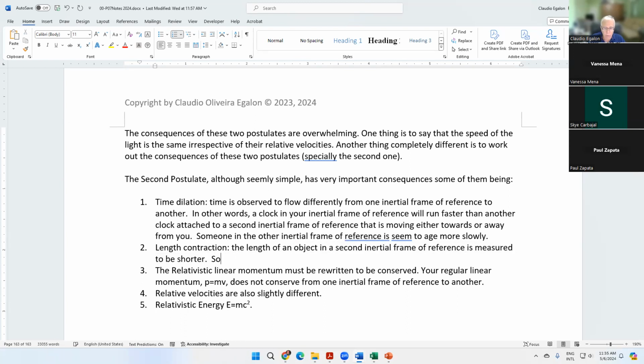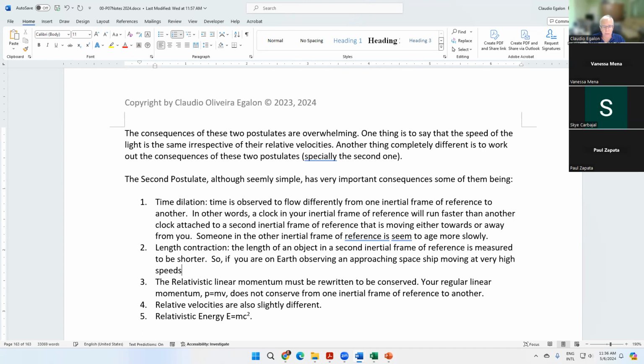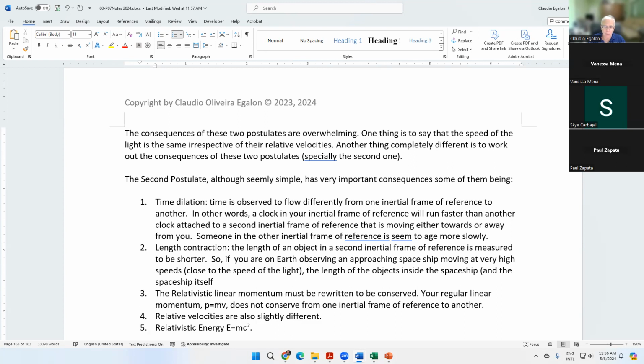So if you are on Earth observing an approaching spaceship moving at very high speeds, close to the speed of the light, the length of the object inside the spaceship, and the spaceship itself, by the way, are measured to be shorter if compared to a standard meter.